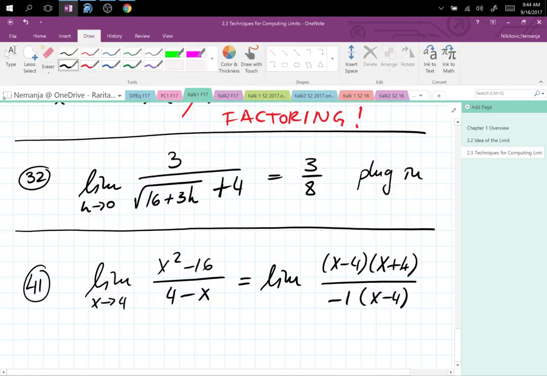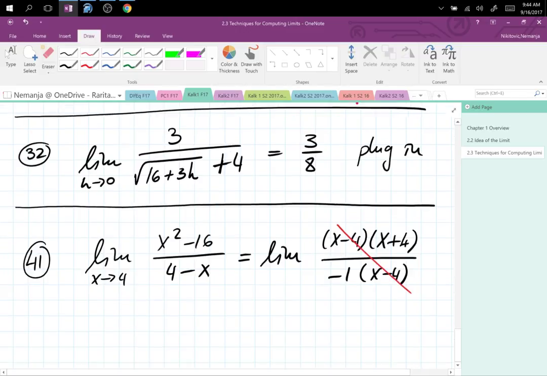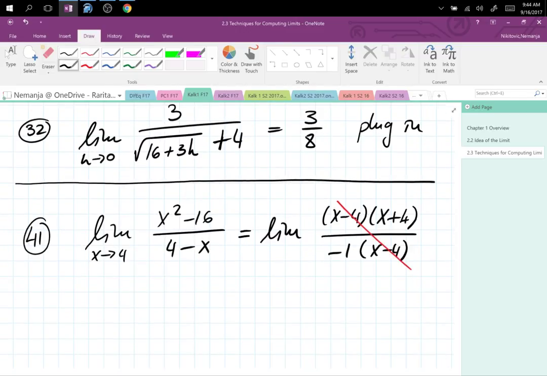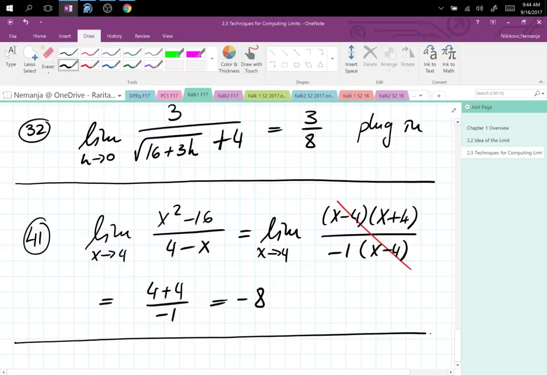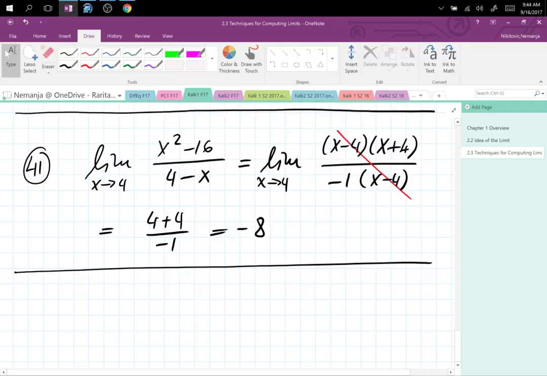As you can see, I factored out -1 to make 4 minus x into x minus 4. These annihilate each other. What we get is, as we plug in 4, we get 4 plus 4 over -1, which is -8. Bueno.